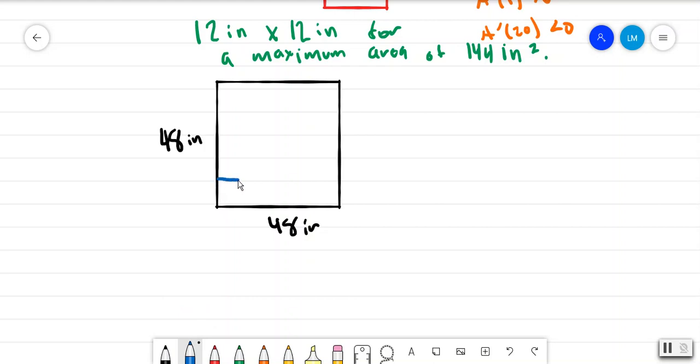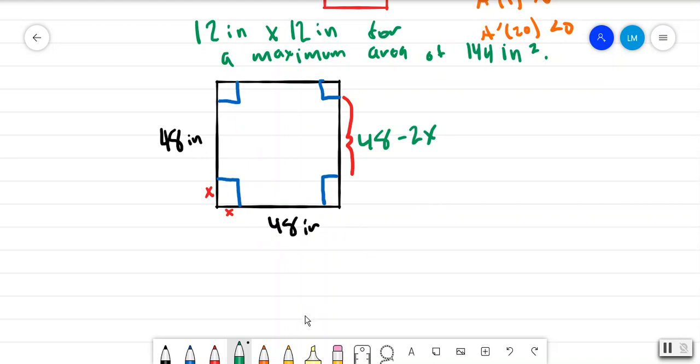So you cut a corner, you cut another corner, and you cut another corner, or squares. If you cut these little squares from here and you label that as x, then what ends up happening is that this right here is 48 minus 2x. And that would be the same on this side too.